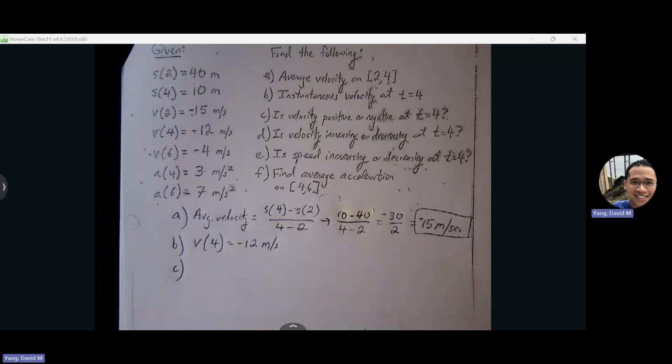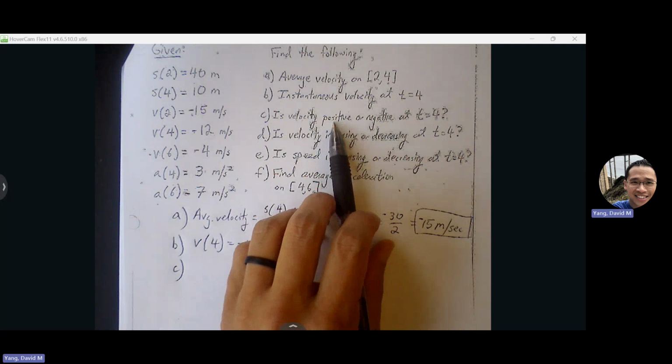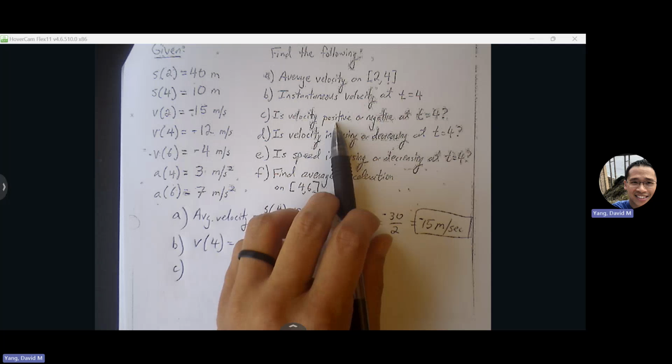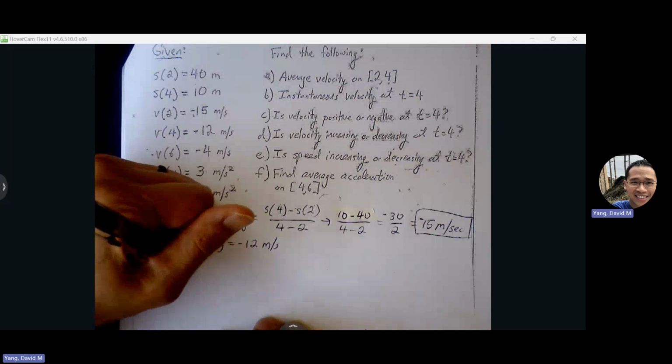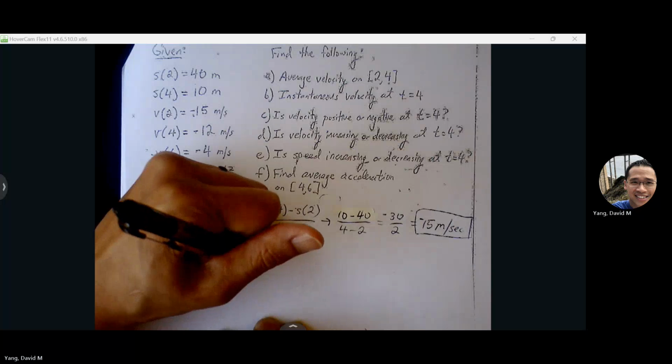Is velocity positive or negative at t equals 4? So this one we can use the velocity function, right? This is negative. So v of 4 is less than 0, so negative.